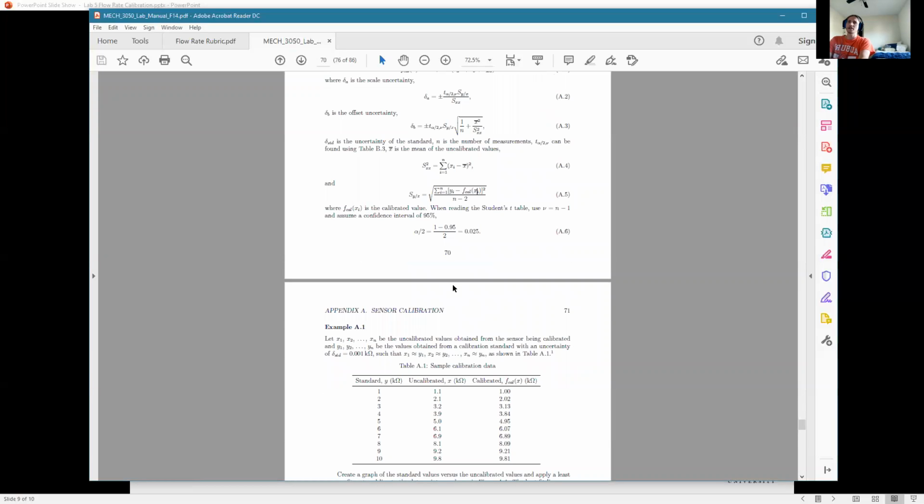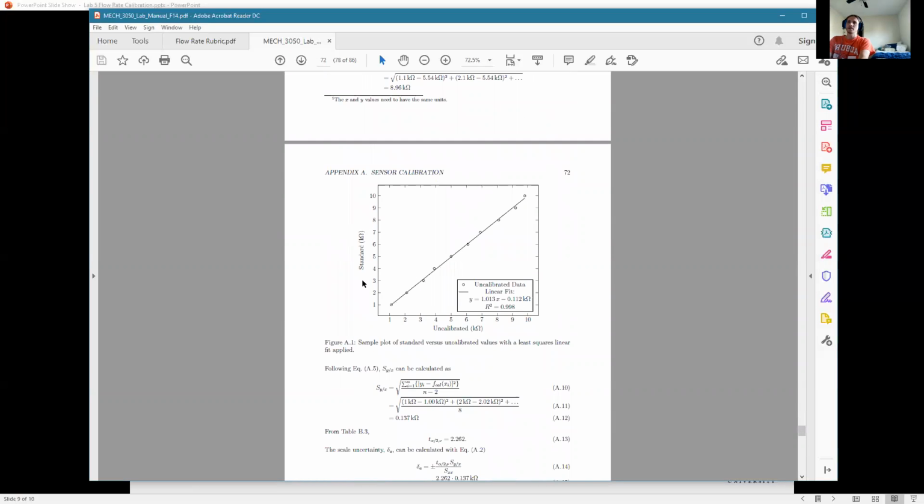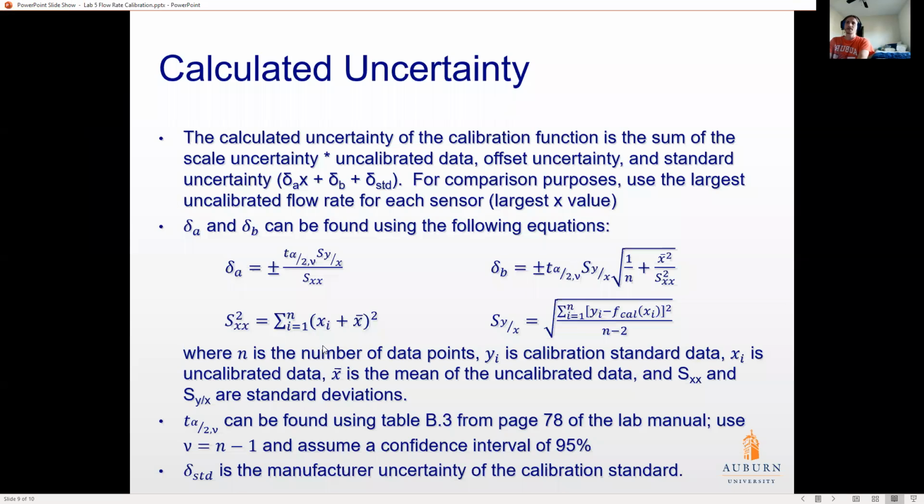You'll have a confidence interval you need to use there. There's a full example going through a calibration, essentially. You plot standard and uncalibrated and calculate those values. That's in Appendix A. I would suggest you look through that when you're doing it, just to make sure what you're doing makes sense.